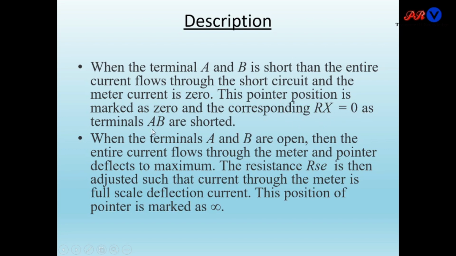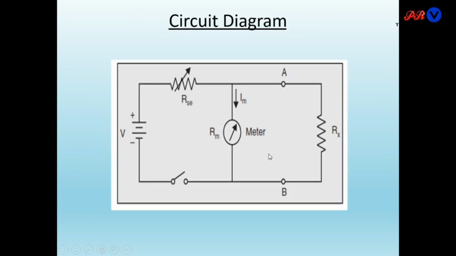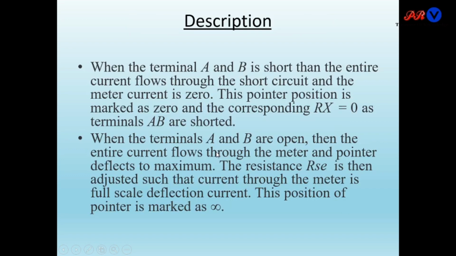So next, another case, when the terminals A and B are open, then the entire current flows through the meter. Means when these terminals are open, then this circuit's entire current will flow across this meter Rm, and it will give maximum deflection in the meter.